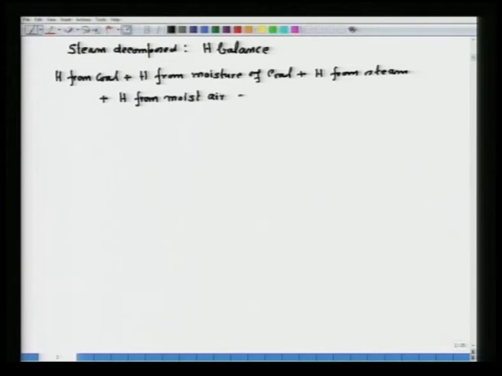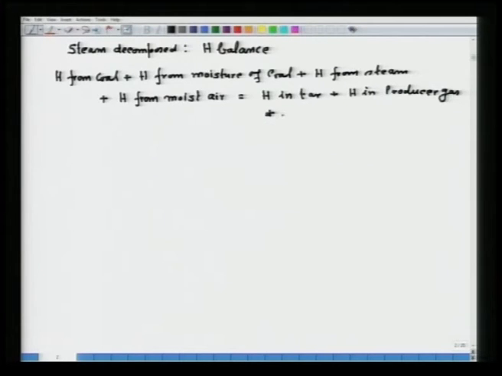So, that will be equal to H in tar plus H in producer gas.